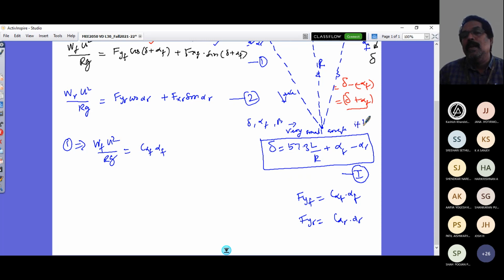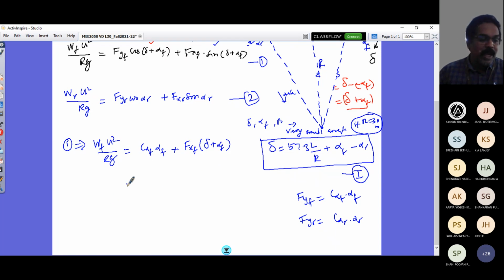If our reality is some 30 meters or 50 meters of turning radius on the roving ground, this is a very small angle. So cos of this angle is 1. So this will be simply this term. And the second term, this would be FXF into delta plus alpha F. Sine of angle is as it is. So this is my equation.